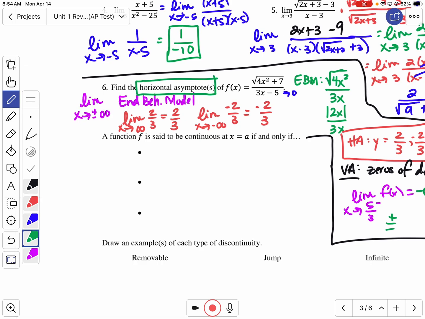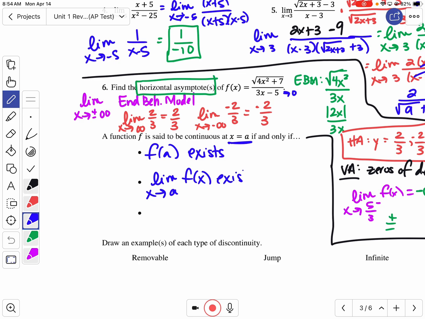Remember, continuity is a 3-part definition, okay? If a function's continuous at A, 3 things. F of A exists. The limit as x approaches A of f of x exists. And those 2 things are equal.